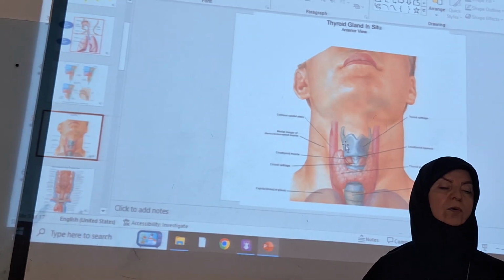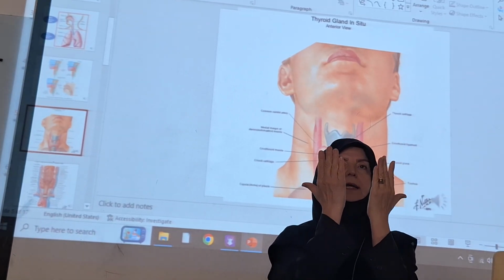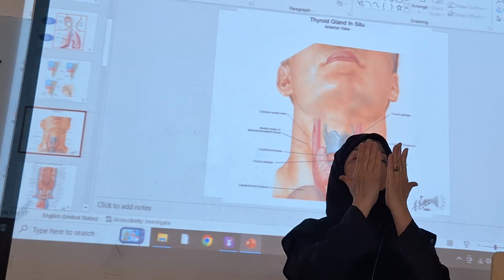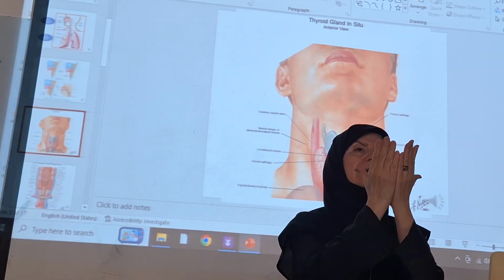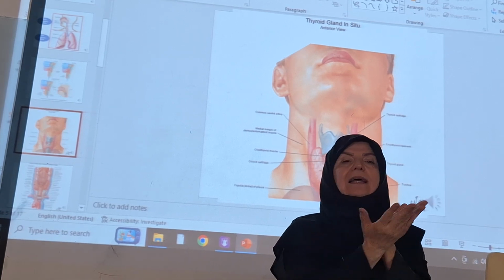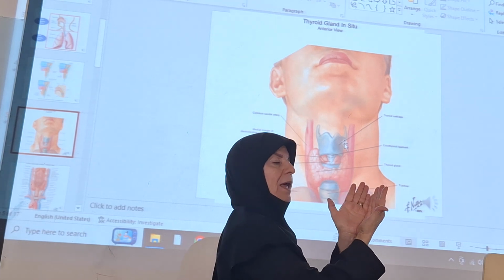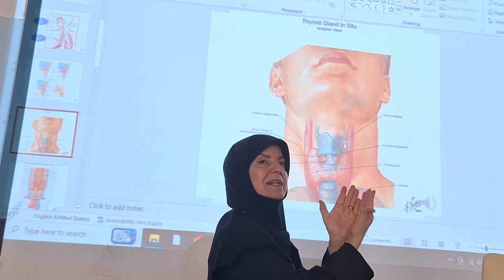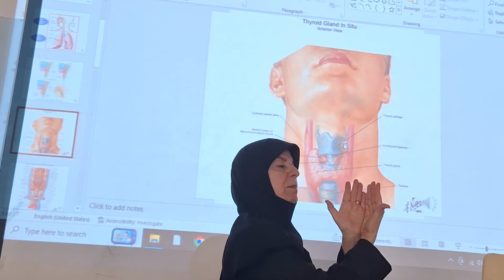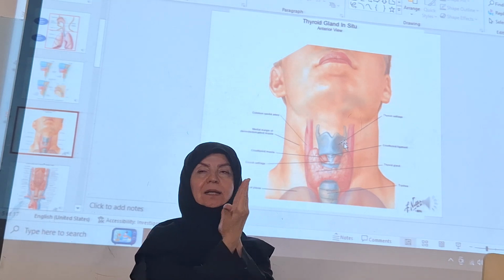Look at the thyroid cartilage. It consists of two lamina. These two plates, these two lamina, anteriorly fuse to each other and make an angle. This angle between these two laminas, in the male sex, is around 90 degrees, but in the female sex is around 120.